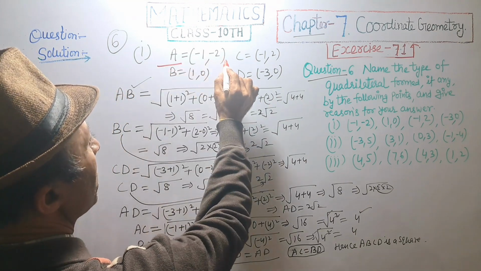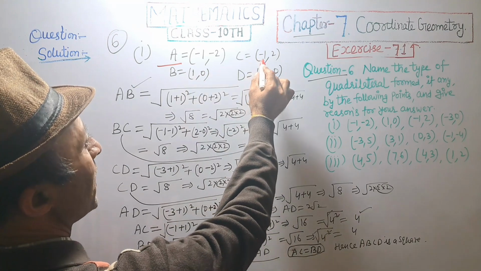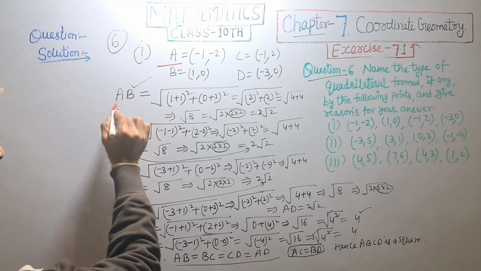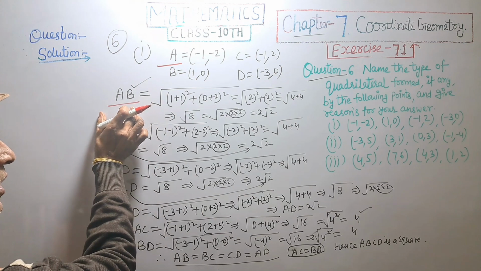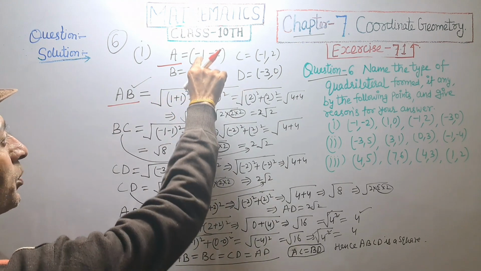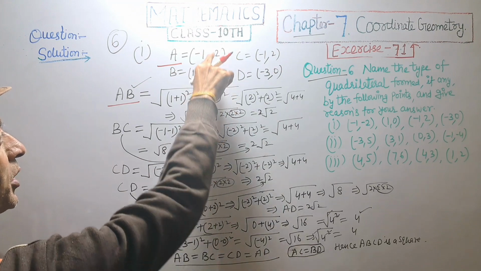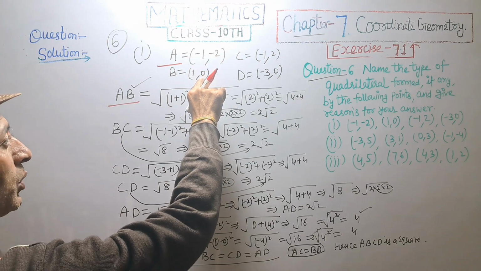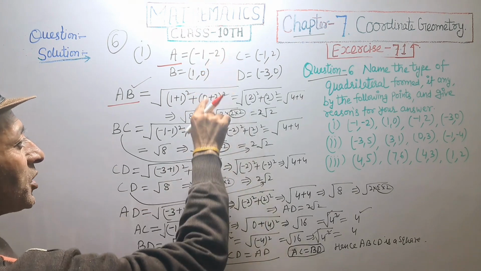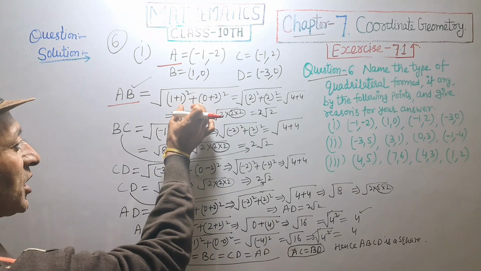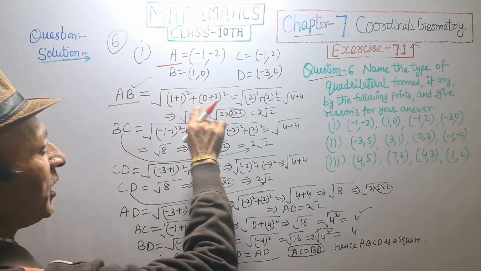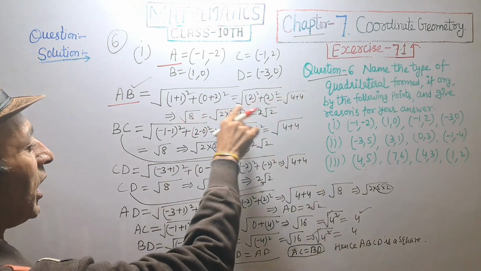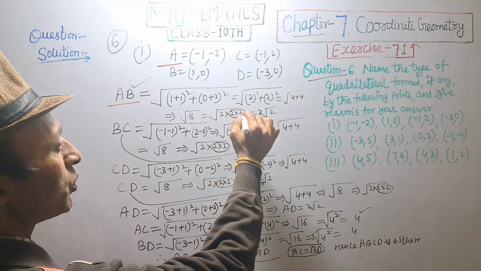Given A is (-1, -2), B is (0, 1), C is (-1, 2), D is (-3, 0). Using the distance formula, we get AB is equal to under root of (x2 minus x1) square plus (y2 minus y1) square. x2 is 1 and x1 is minus 1, y2 is 0 and y1 is minus 2. So we get the value of AB: 2 square 4 plus 2 square 4, 4 plus 4 is 8, and root of 8 is equal to 2 into 2 into 2.